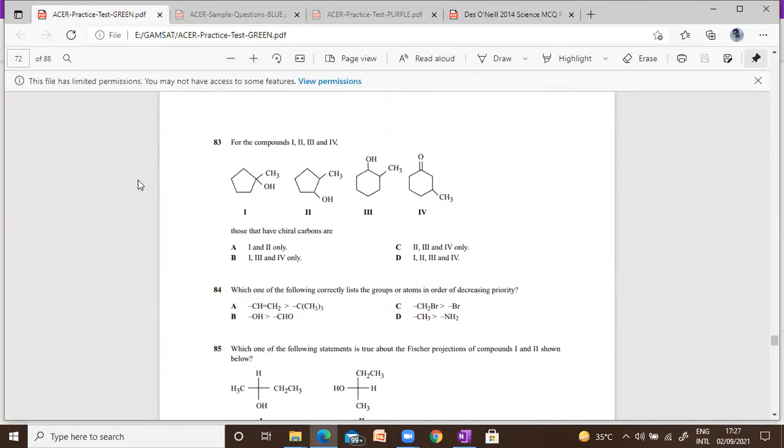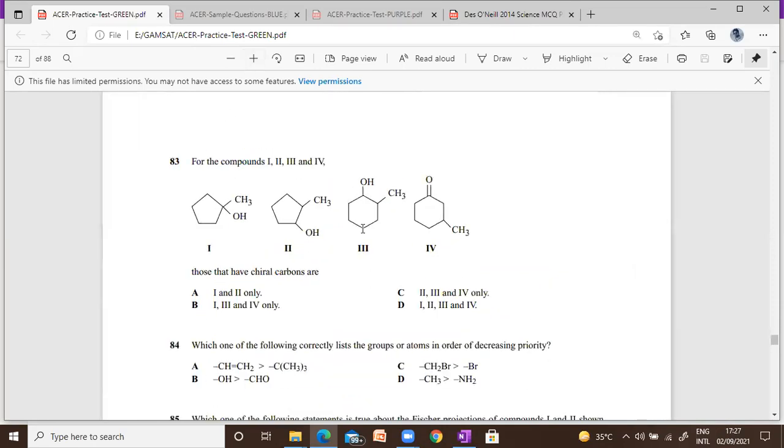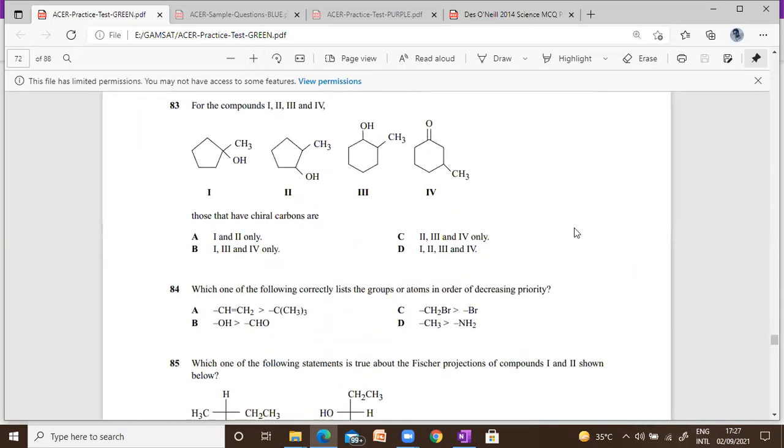Okay, question number 83. Tell me how many chiral centers? Oh, sorry. The question is, which of the following have chiral carbon? Tell me.